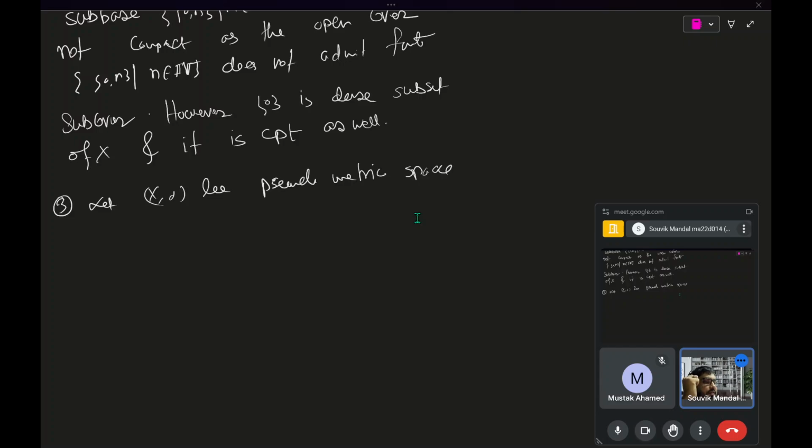Show that every closed subset in it is a G delta set. Okay.